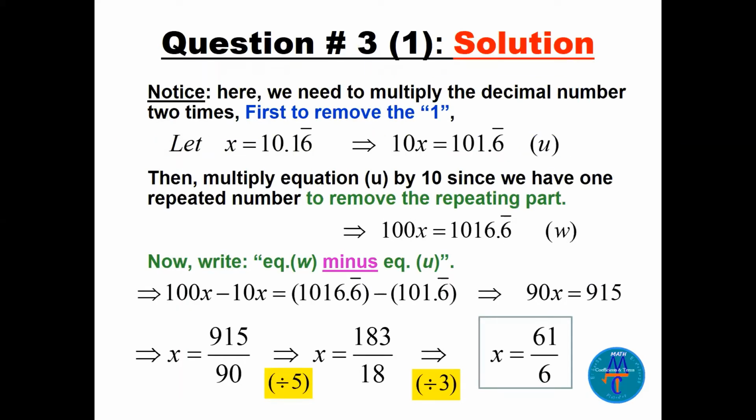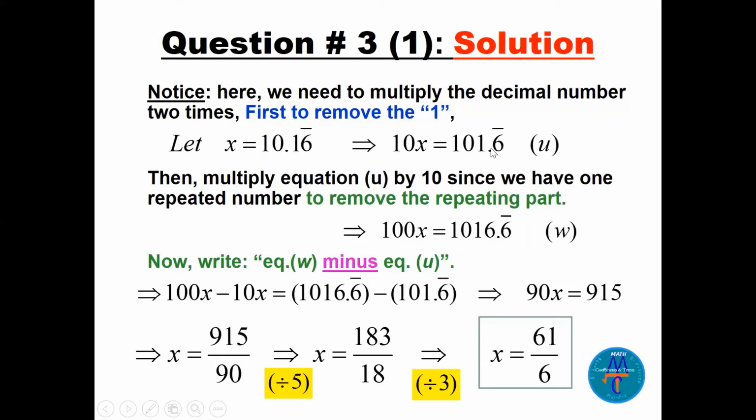Let's go to the first one. As you can see, I have to remove the 1 first. You see 10.1. I have to remove the 1 from the question. So, let x be the number itself, 10.16666, and multiply by 10 only first. You can see here, first line in equations, multiply by 10.